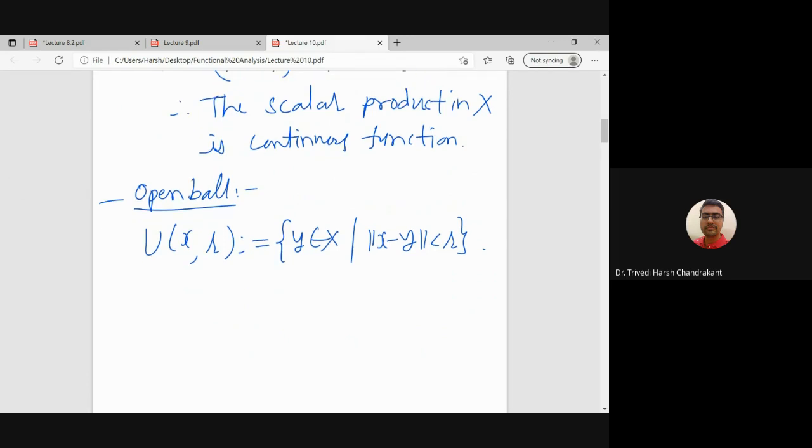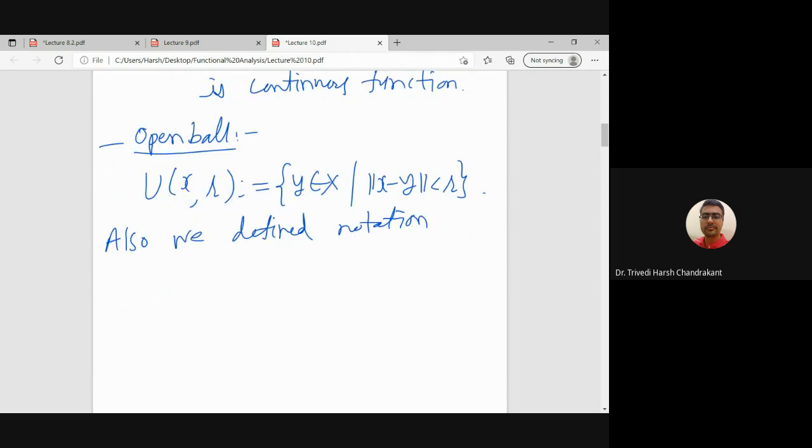So we want to show that if we have any point, yeah. So another notation we define is the closed ball. So closed ball means U closure of (x, r).